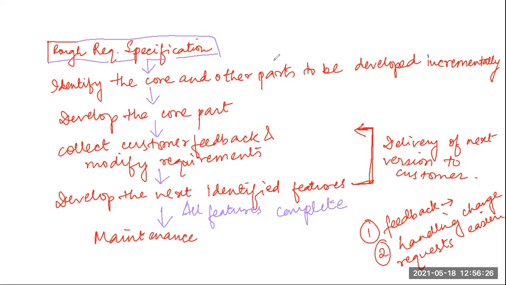But if I only talk about advantages, it is not true. There are a few disadvantages also associated with this evolutionary model. The first disadvantage is this feature where I am saying that incremental parts will be coded, incrementally things will be done.